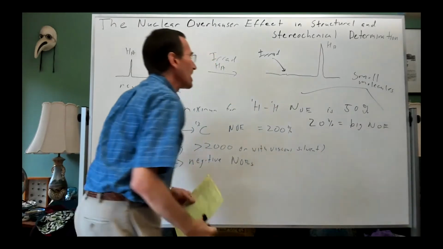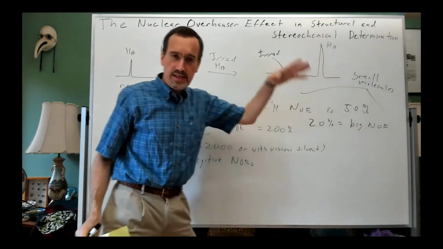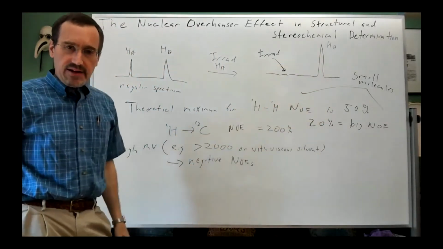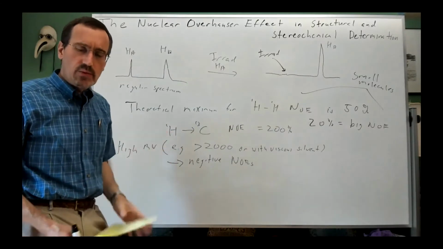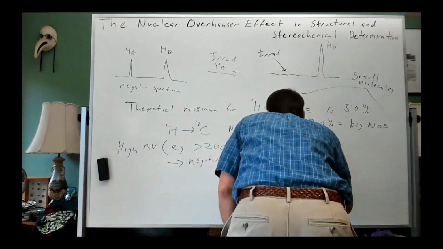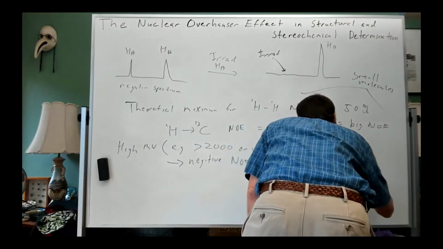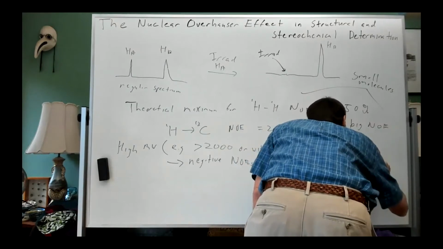So instead of getting taller in the positive direction, your peak will actually get to be negative. And normally you'd be doing this in what's called a NOESY. And there you have up to negative 100% max.